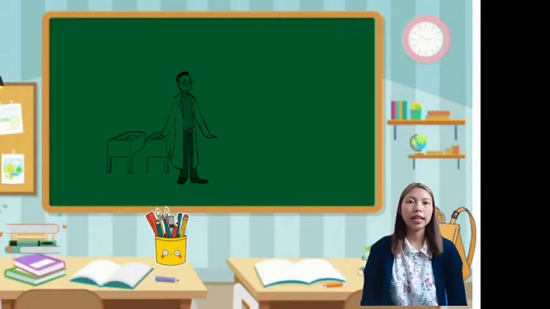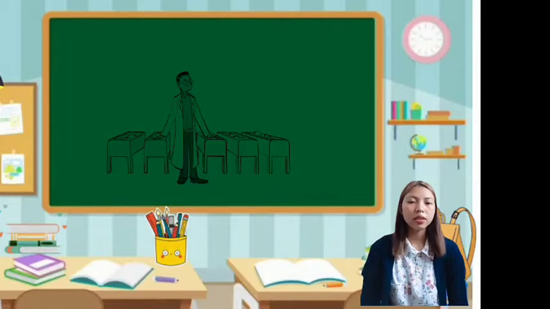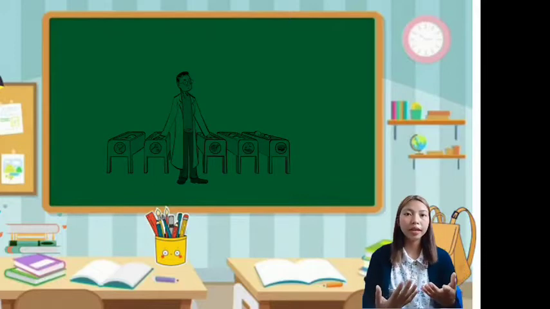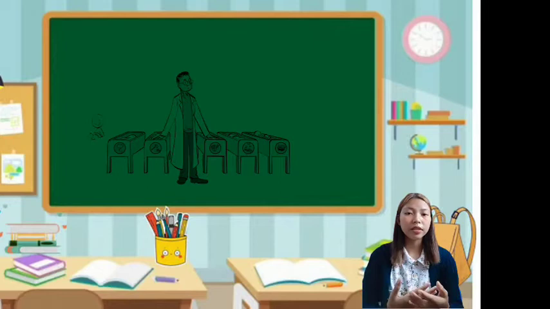John B. Watson claimed that if he were given a dozen healthy infants, he could shape them into anything: doctors, lawyers, artists, beggars, or thieves, regardless of their background or genetic predisposition.